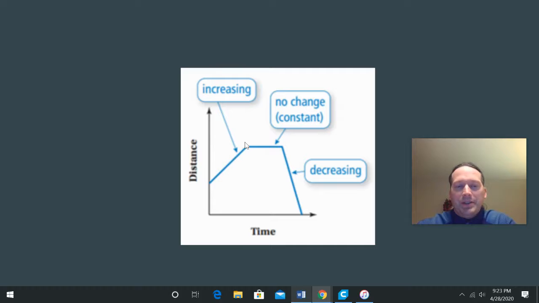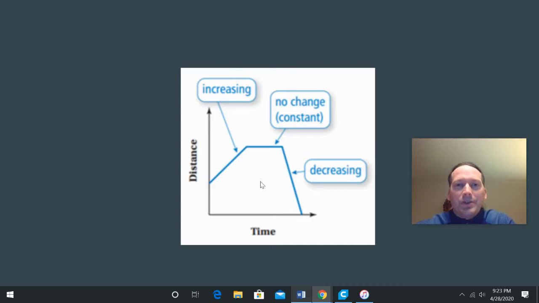So basically in that situation, as the time's going on, it's not changing the distance whatsoever. And then from this point down, it's decreasing. And again, because it's a straight line, we'd say it's decreasing at a consistent rate, or at a constant rate. Now, a constant rate and a constant are two different things, so I just don't want you to get too confused with that.